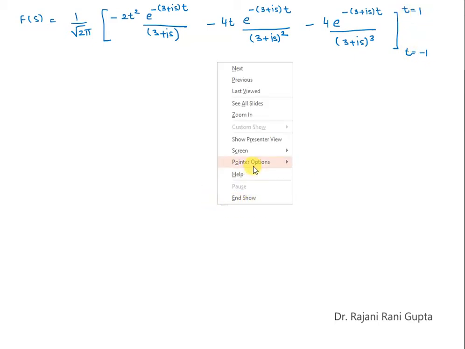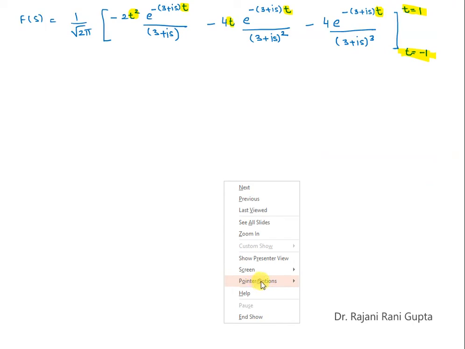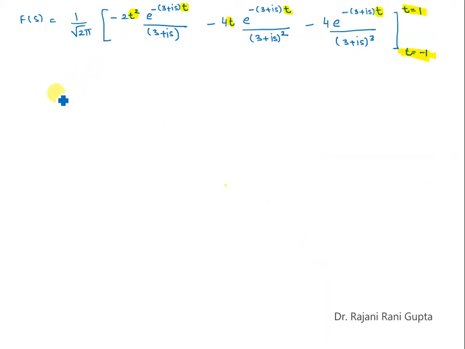Now next is to replace t. So we have to replace the value of t at these particular positions. So we have 5 places where we have to replace t, first by 1 and then by minus 1 to simplify the answers. So this gives you 1 over square root of 2 pi minus, when you replace t by 1, it will give you 1 square, which is 1.